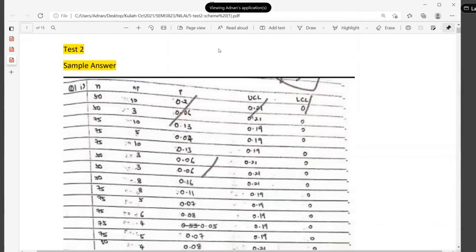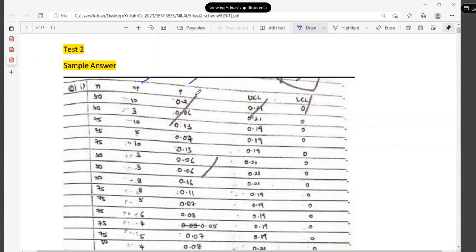So which chart should be used? The question asked for the number of non-conforming, so it will be the NP chart. n is given, and NP is also given, which is the number of non-conforming.